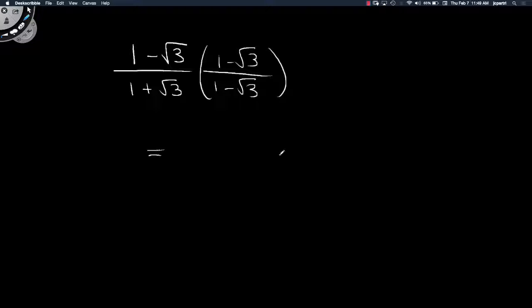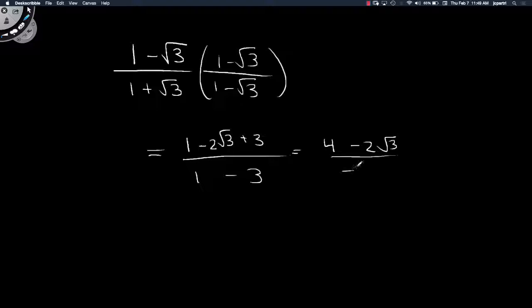Now the denominator becomes 1 minus 3, which is negative 2. The numerator becomes 1 minus 2 square roots of 3 plus 3. So there's my 4 minus 2 square roots of 3 over negative 2. Now it's negative 2 plus the square root of 3. That's how conjugates work.